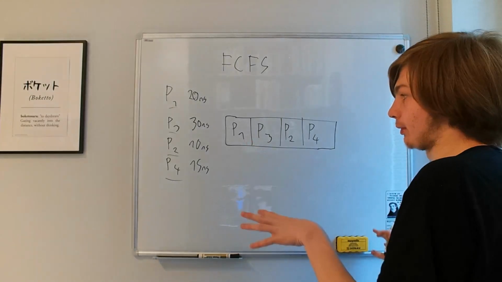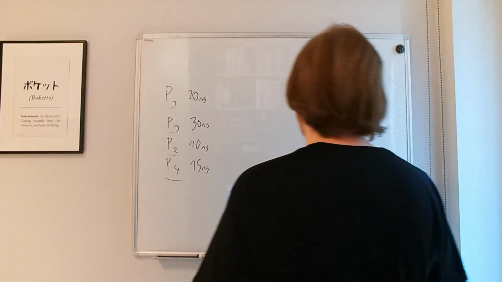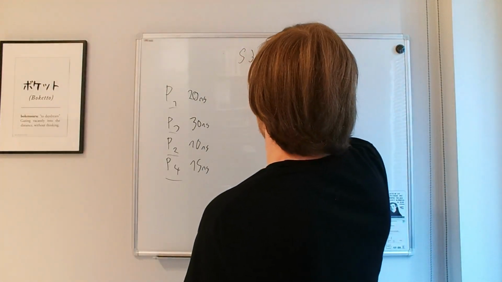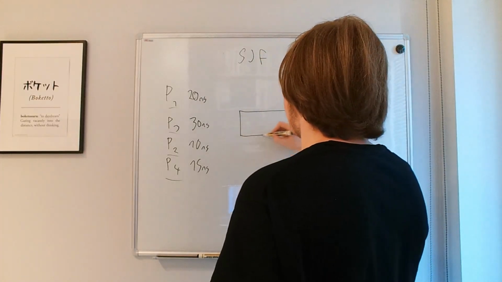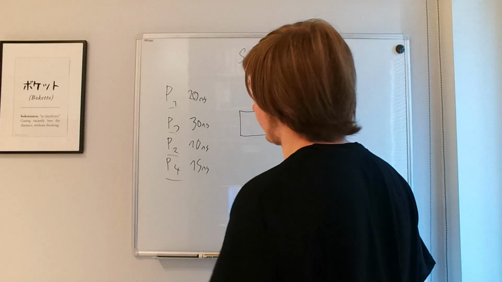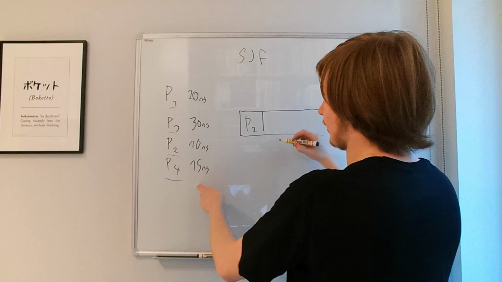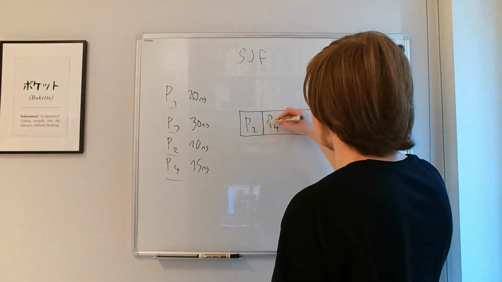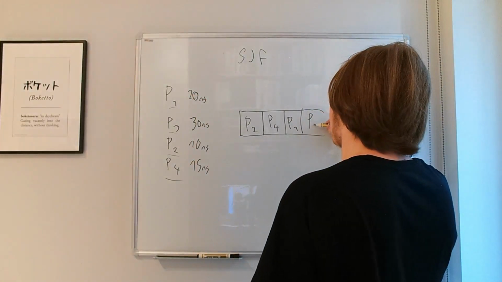Then, well, first come, first serve is not going to care about that, but we could use something like SJF, shortest job first. And I guess the name suggests what we're going to do here. We're going to take the shortest one, which would be P2, and then P4. Then we would take P1, and we would execute P3 at the end.